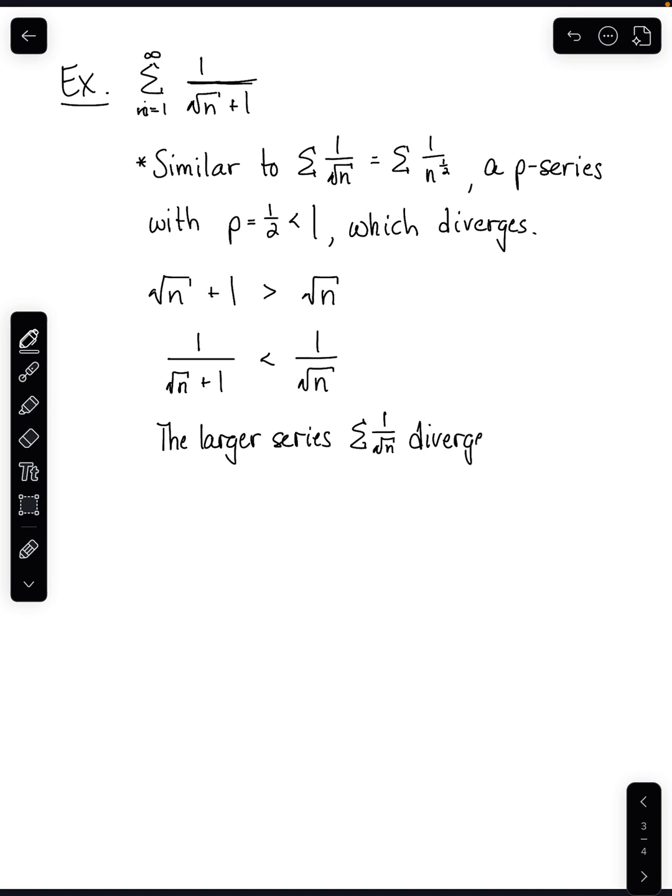And if the larger series diverges, then it doesn't tell us what's going on with the smaller series. The smaller series might still diverge, just to a smaller version of infinity, or might reach infinity more slowly would be a better phrase. Or it might still converge to a finite number. So this is not a good comparison.